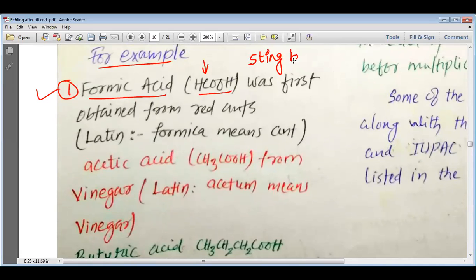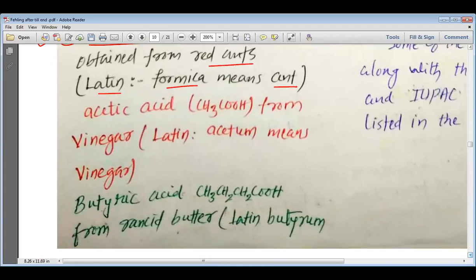It is found in the sting of bees, or ants, or scorpions. This formic acid was first obtained from red ants. In Latin, formica means ant, and that is why this acid is known as formic acid.